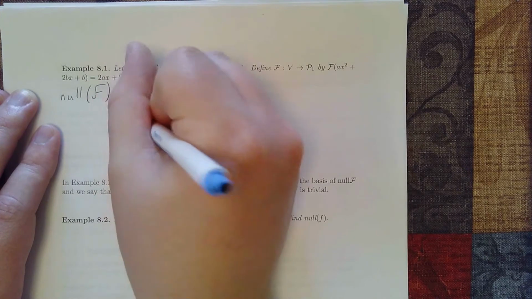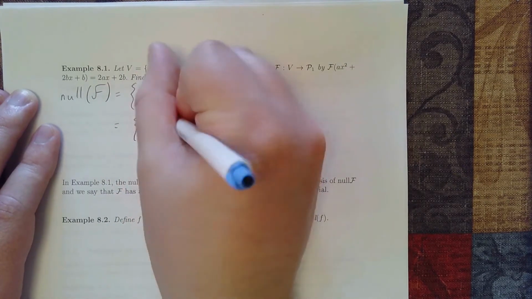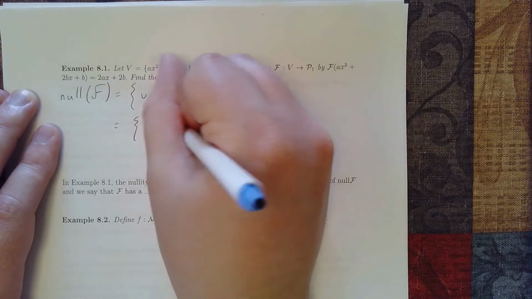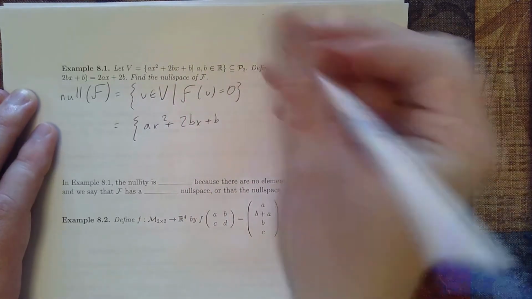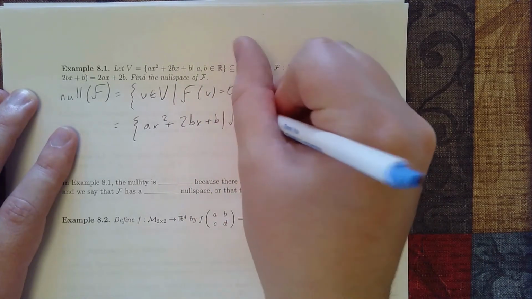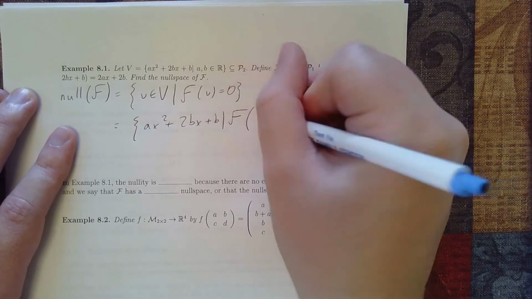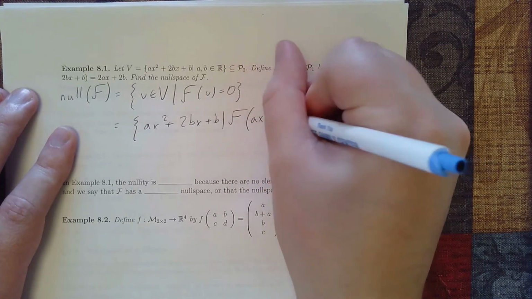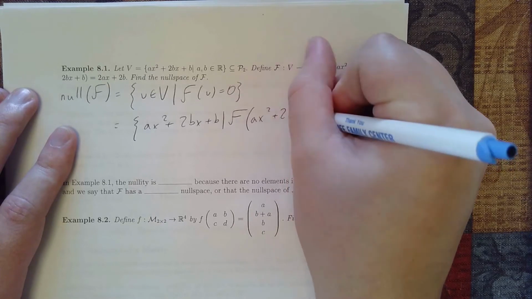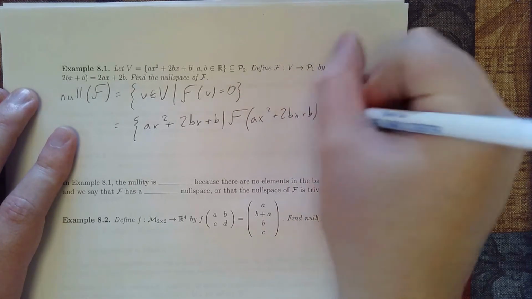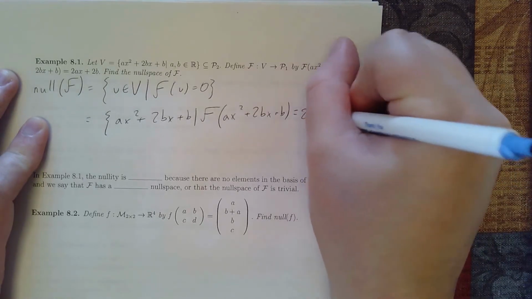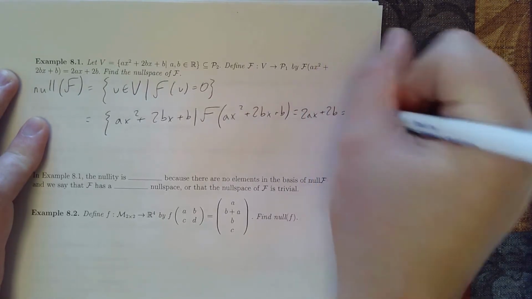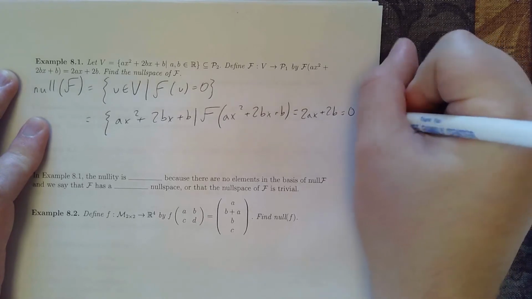So we have the set of all ax squared plus 2bx plus b, so that's what things look like in our domain, such that their function value, which is just 2ax plus 2b, equals 0.